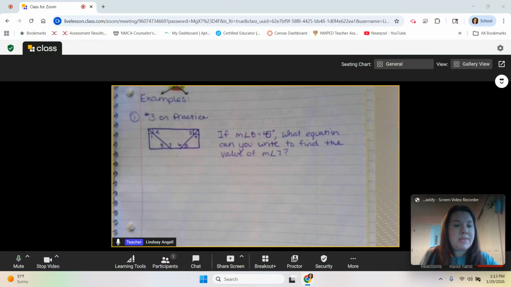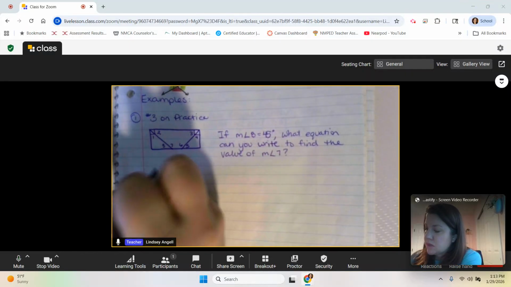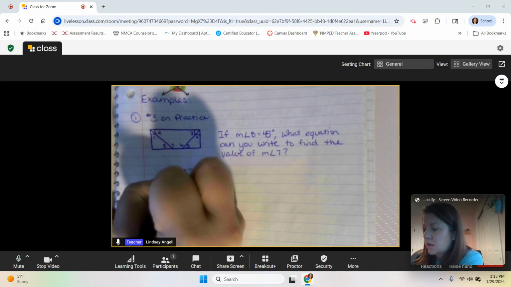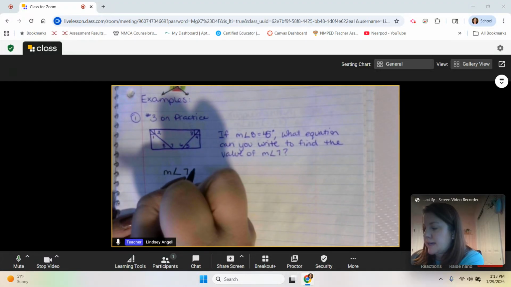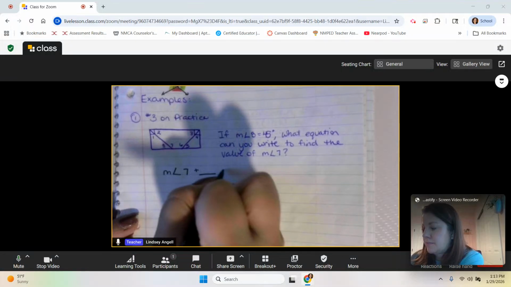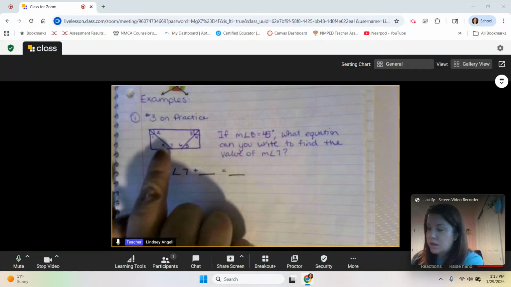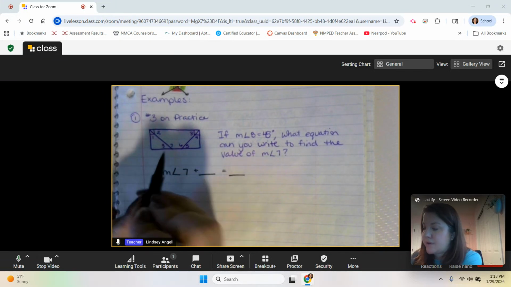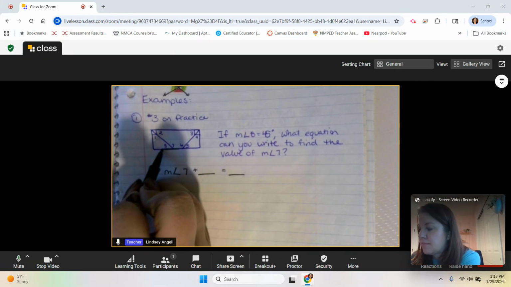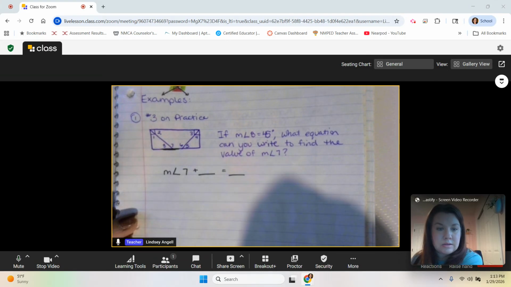So with this one, we're just building the equation, okay? So for this, it gives you a little bit of the setup. It says the measure of angle 7 plus something equals something, right? So in this case, notice angle 8 and angle 7, when they're smushed together, they make this straight line, okay?